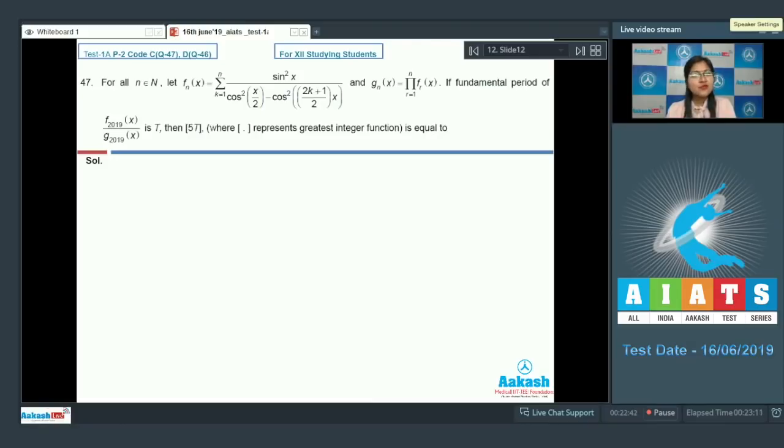Next we have question number 47, which says that for all n belonging to N, function f_n(x) is given and g_n(x) is given. If the fundamental period of this is T, then we have to find the value of 5T. Right.